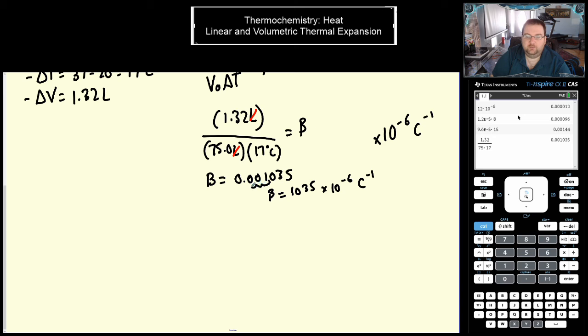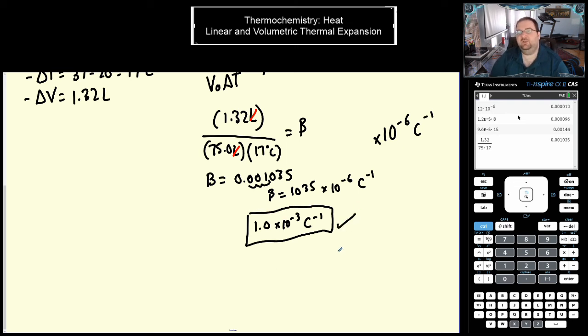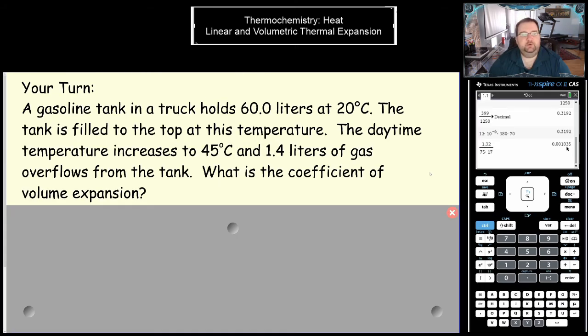So 1, 2, 3. So my answer would be 1.0 times 10 to the negative 3 Celsius to the negative 1. And it might not be in the times 10 to the negative 6 format, but that's okay. This is preferable because it has the right number of sig figs, and it's also in scientific notation. So that's preferred. Good.